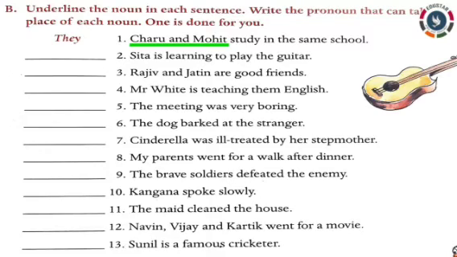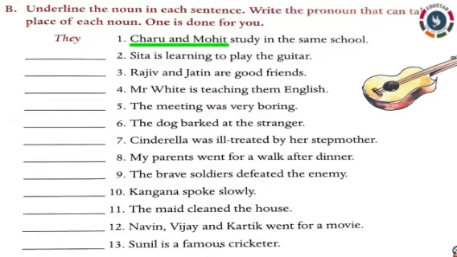The subject pronoun or object pronoun. Charu and Mohit come before the verb study. So, we have to use subject pronoun. There are more than one person and you are not in that. So, you should use the subject pronoun they. Very good.